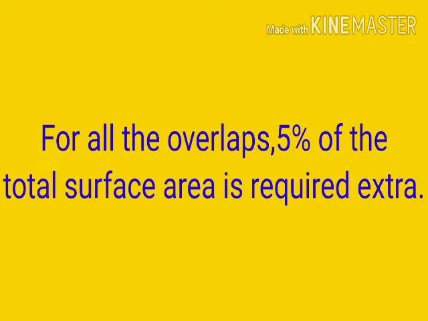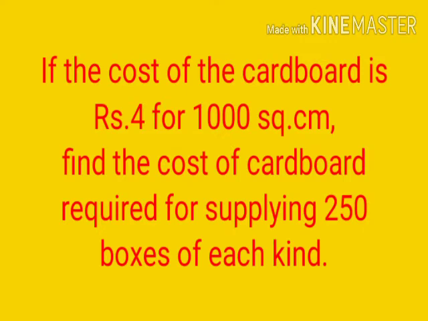For all the overlaps, 5% of the total surface area is required extra. If the cost of the cardboard is rupees 4 for 1000 centimeter square, then find the cost of cardboard required for supplying 250 boxes of each kind.